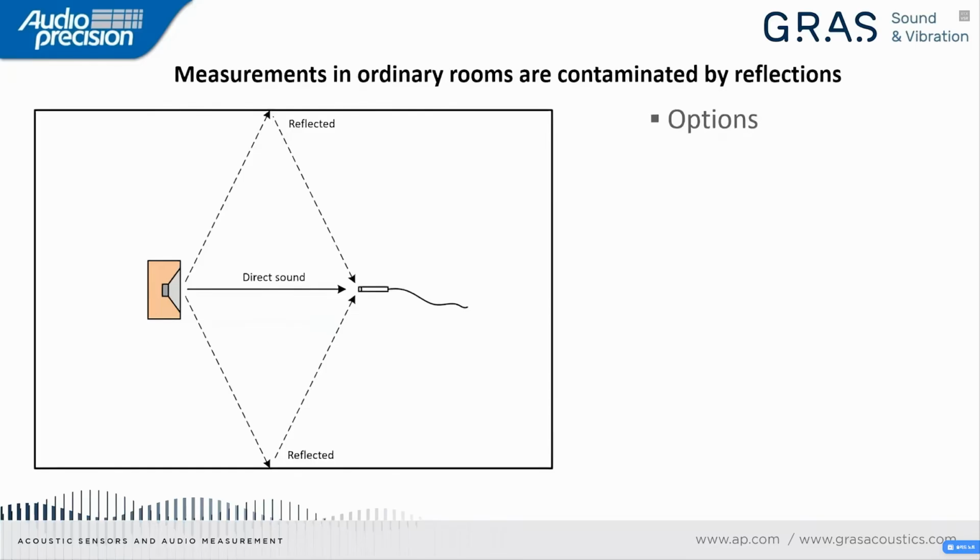So measurements in ordinary rooms are obviously contaminated by reflections. And we have obviously some options, some that we've discussed. Anechoic chamber is ideal. Outdoors, as we've discussed, is problematic, but if you get the right environment, is very good for free field measurements.